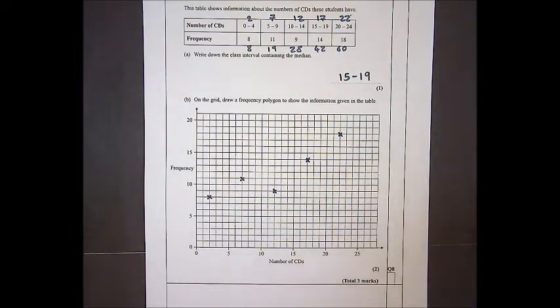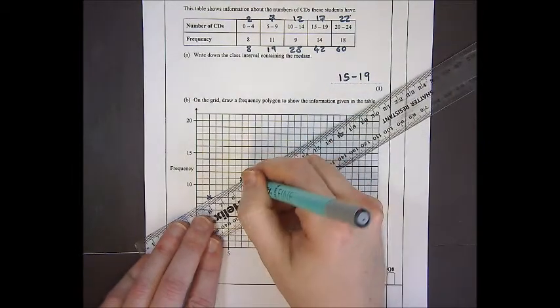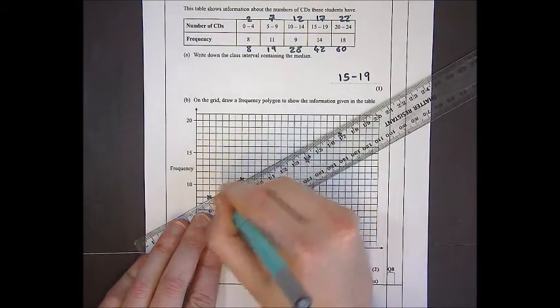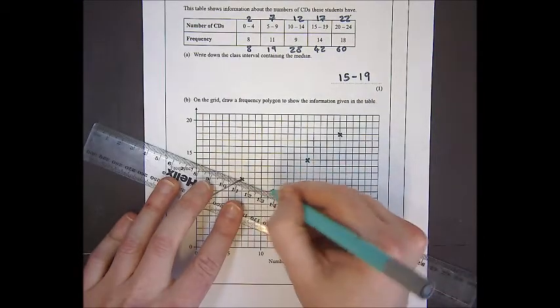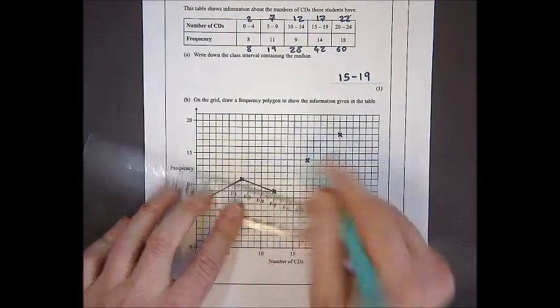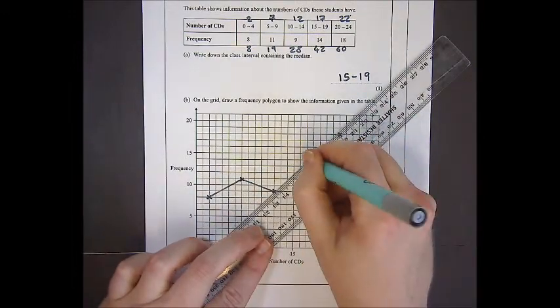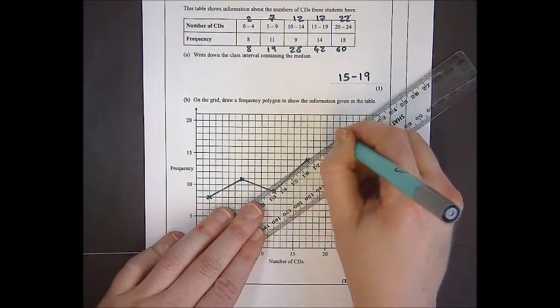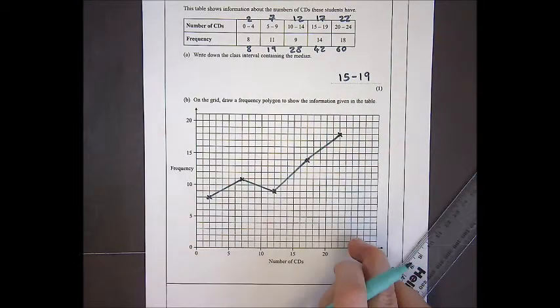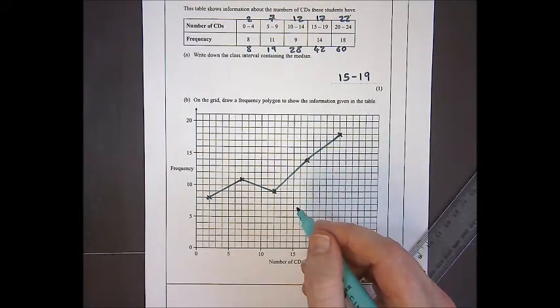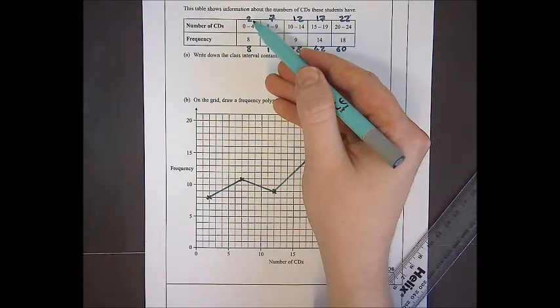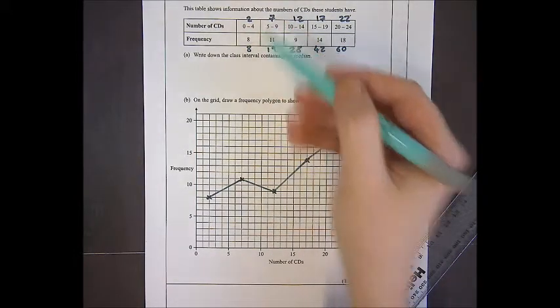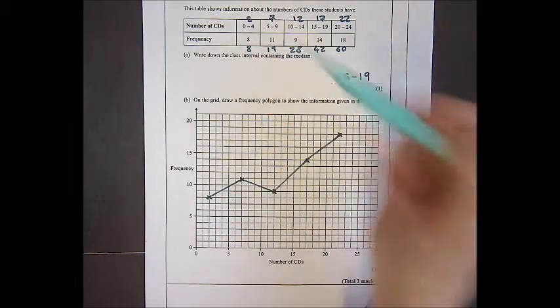And we join these points up, and that is our frequency polygon. Notice that each time we have gone right in the middle of the range, so we plot the midpoint against the frequency.